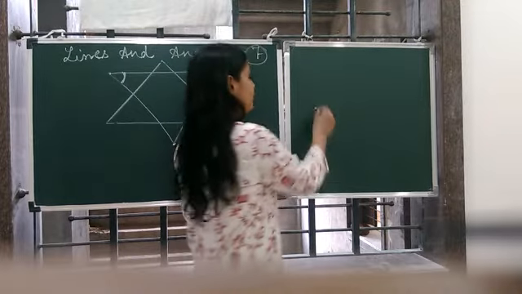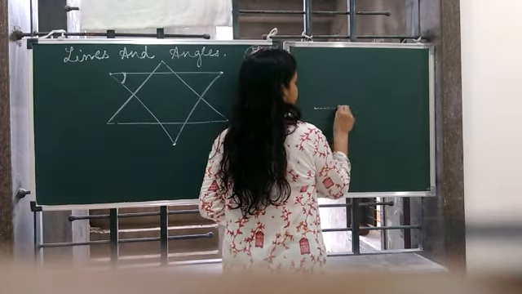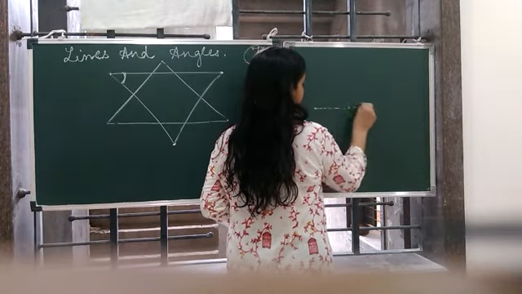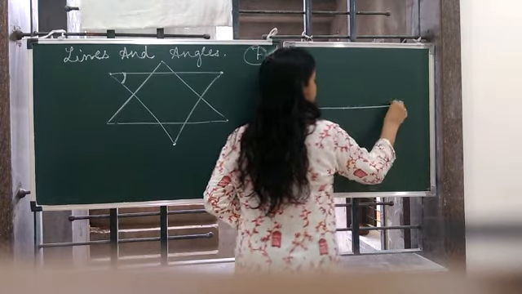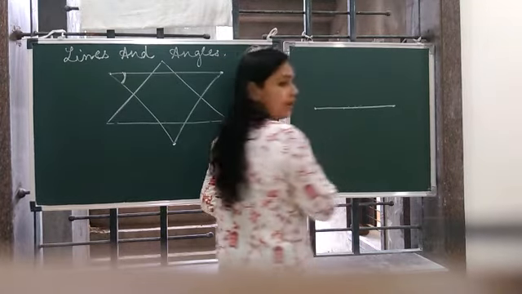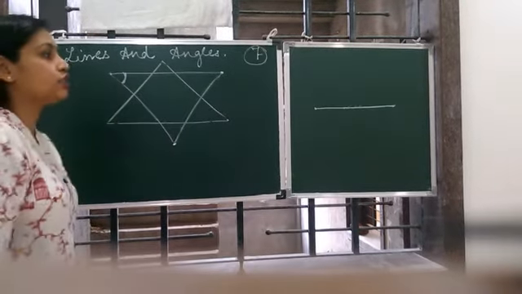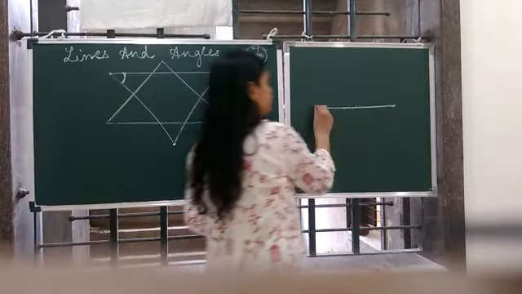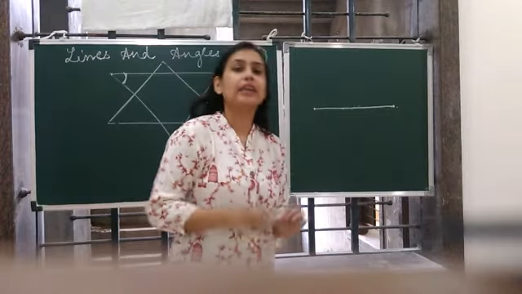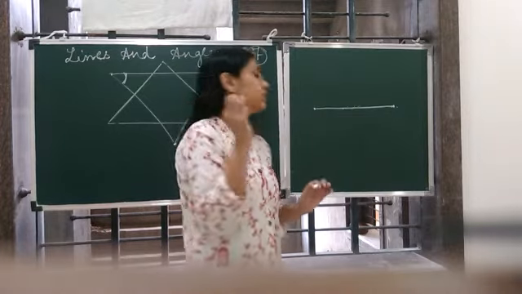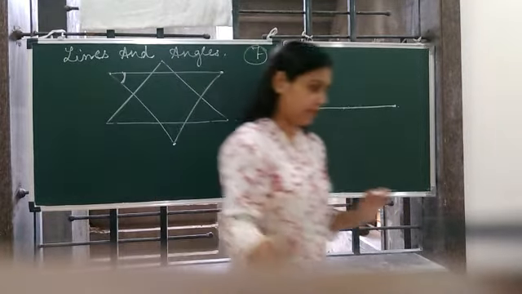Now, many points coming together make a figure, and we know which is the first starting point and which is the ending point. So this has two definite end points, and it is known as a line segment.